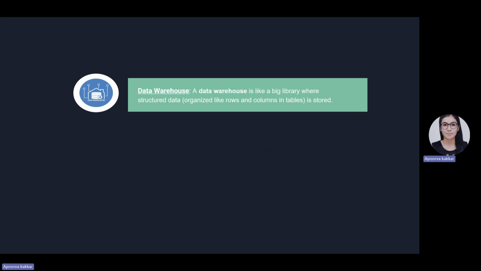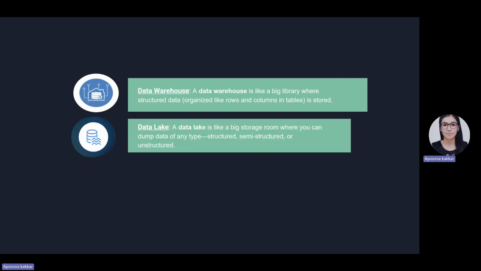A data warehouse is just like a big library where structured data can be stored. For example, a table where the data is stored in organized rows and columns. And then data lake. A data lake is a big storage room where we can store different types of data. It may be structured, unstructured, or semi-structured.